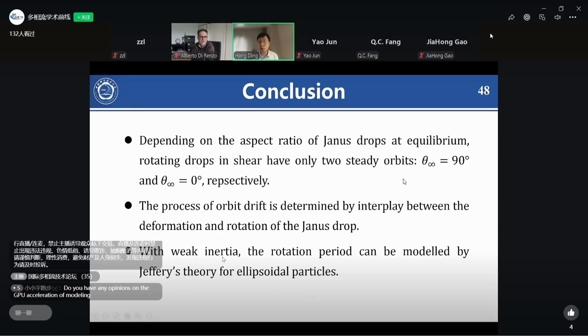With weak inertia, the rotation period can be modeled by Jeffery's theory for ellipsoidal particles. Although I didn't show the results for the three-dimensional droplet here, actually we have done such research. We can show that it indeed can be modeled by Jeffery's theory for ellipsoidal particles.